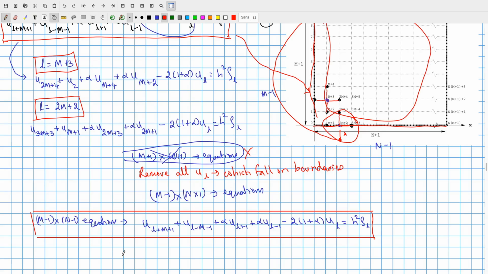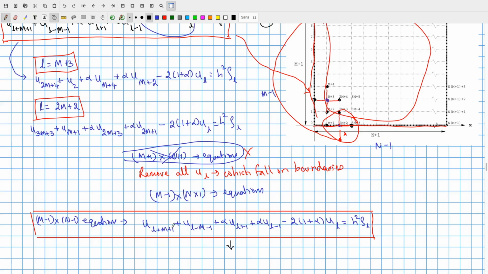That's what we end up with for the whole problem of solving the finite difference, because once you solve all these interior points, for all these u of 3m plus 4, 3m plus 5, all the interior points, that's the solution we require from this partial differential equation.